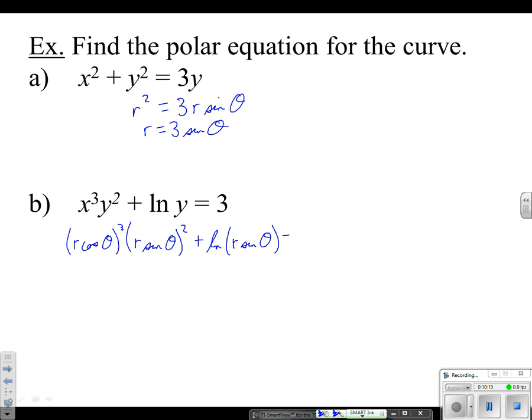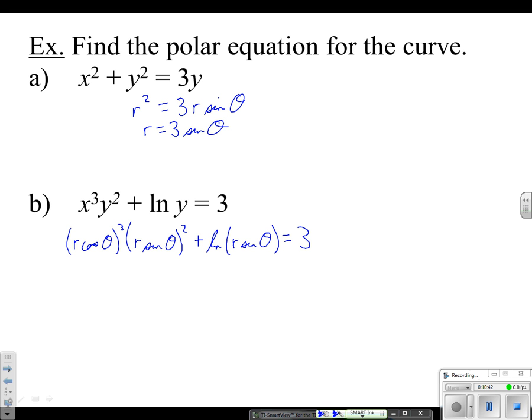And then the 3 just sticks around. There's really nothing I can do to simplify this, so this is fine. And if you can simplify like part A, go ahead, definitely do that. But if you can't simplify, listen, this is still a polar equation. It is an equation that no longer has x's and y's, now it has r's and thetas, which is what we've been asked to do.